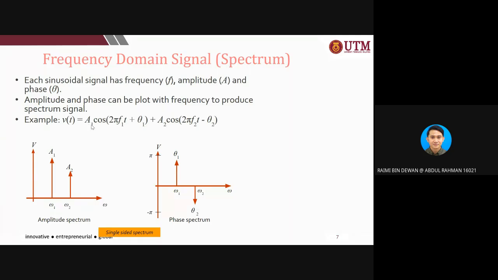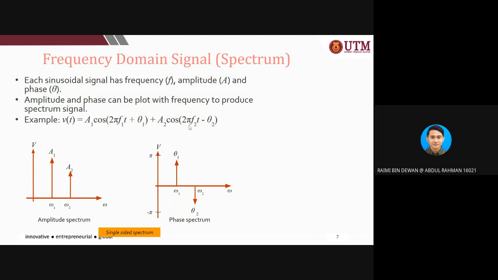You can see here A1 cos 2 pi f1 t plus theta 1. You see this is 2 pi f1, so if we convert to omega, it is actually omega 1. The same goes here, 2 pi f2. If we convert, it is actually omega 2.